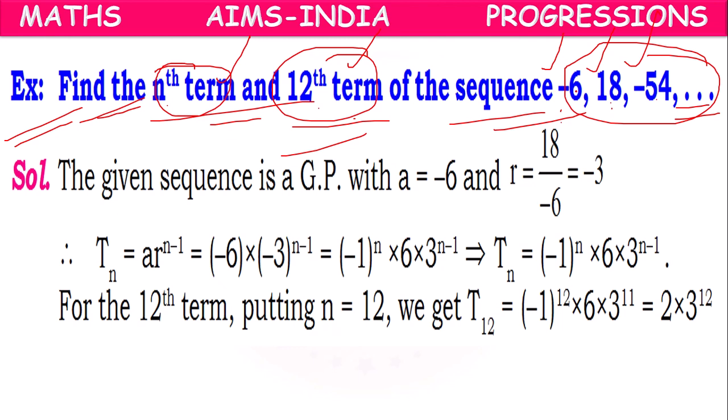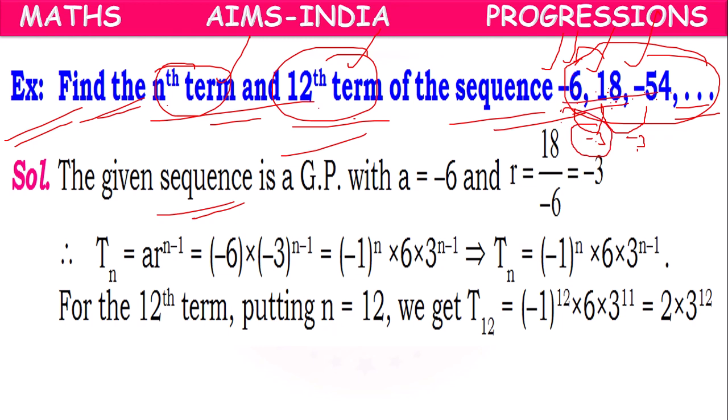In the given sequence, 6 times 3 is 18, 18 times 3 is 54, but we have minus, plus. So minus 6 into minus 3 is plus 18, into minus 3 is minus 54. In the given sequence, except the first term, the remaining terms are obtained by multiplying the previous term with a fixed number.